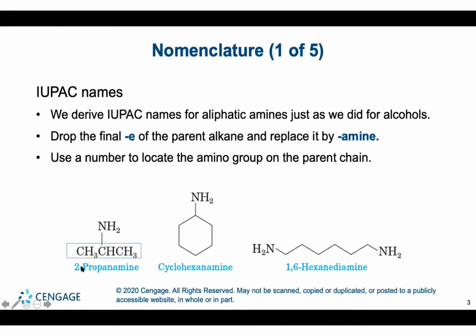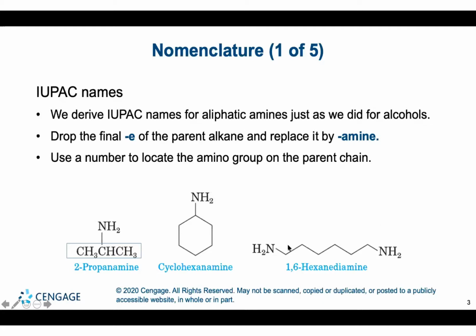So it's going to be 2-propanamine. The amine name is going to come at the end, so you should drop the E from the end of propane, and then you add amine. It's going to be 2-propanamine. On carbon 2, I have NH2. Whenever you have a cyclo, it's the same, you should also put cyclo and how many carbons you have in it. Here it is 6, so it's going to be cyclohexanamine. You should end with amine.